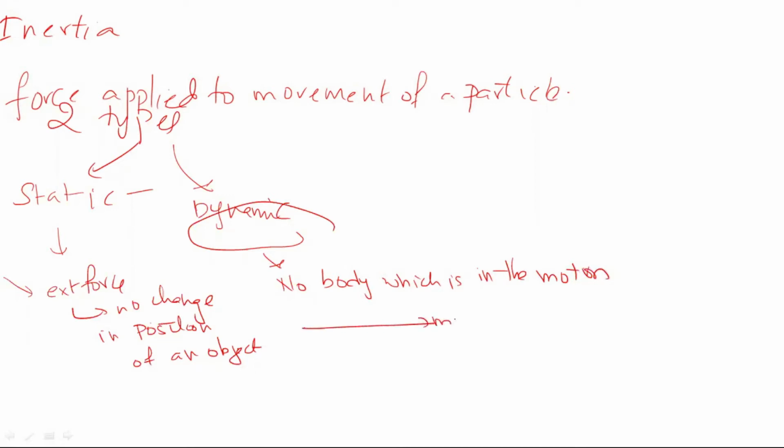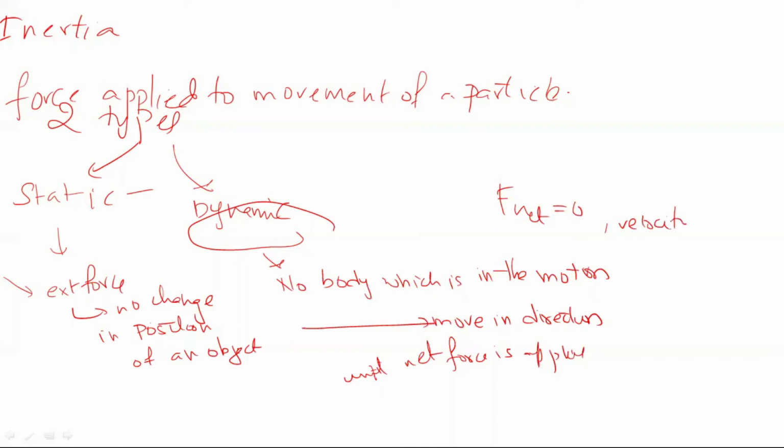That means a body continues to move unless a net force is applied on it. If F net is equal to 0, then the velocity of an object is either 0 or constant.